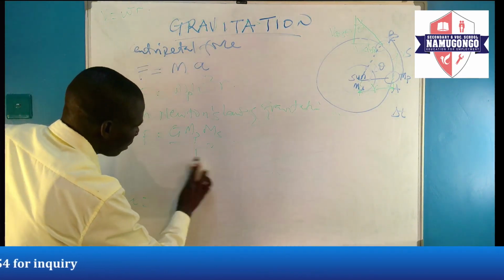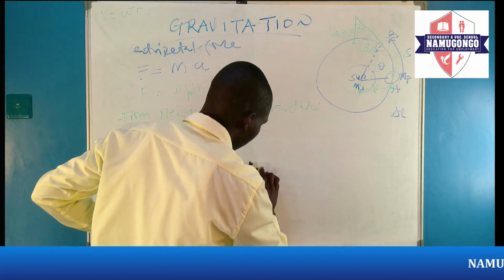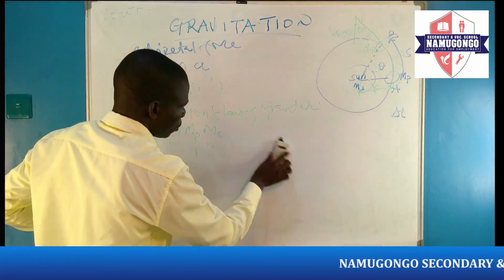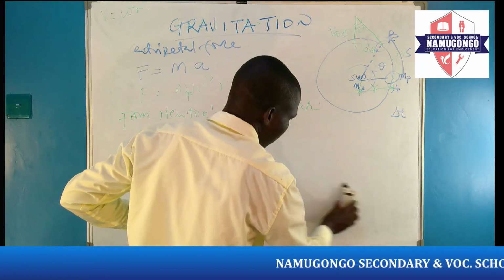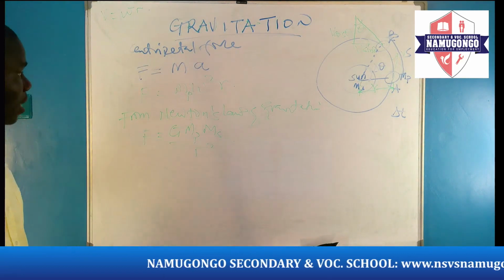For a planet revolving around the sun in a circular or elliptical orbit, the centripetal force is provided by the gravitational force. Therefore, these two forces have to balance.